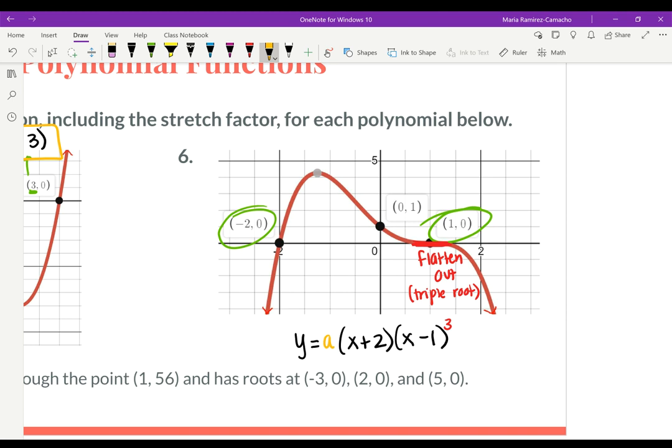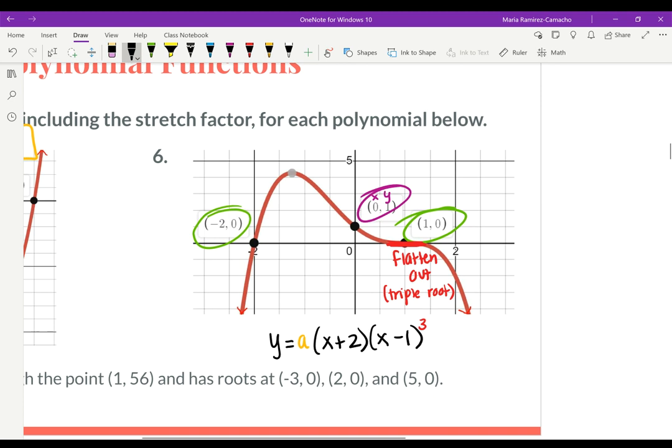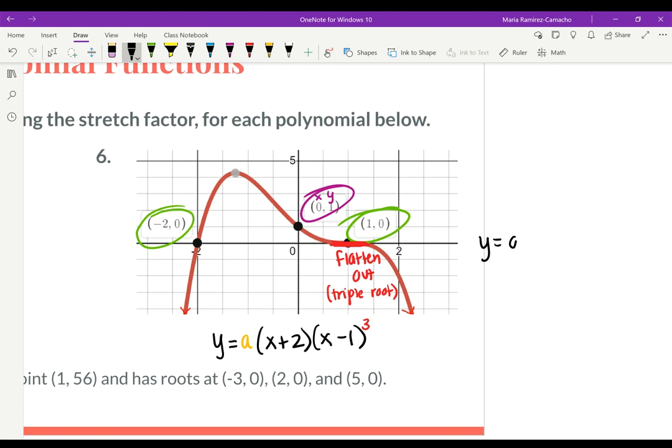Again, we have to find out what that stretch factor is. We'll fill in an a, pick a point from the graph, and plug that in. So we'll plug in (0, 1), plugging in 0 for x and 1 for y. Simplify and solve.